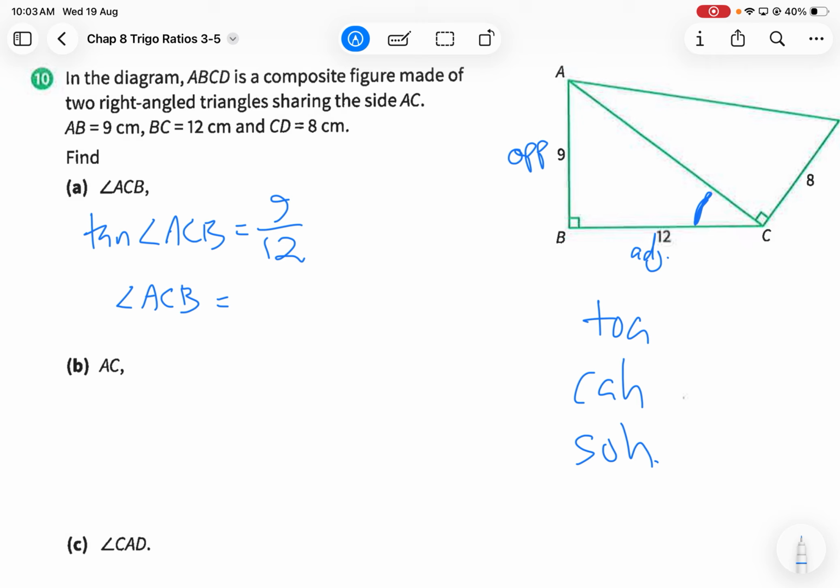When I tangent inverse the left, I have to tangent inverse the right at the same time. When I tangent inverse the right, it becomes tangent inverse of 9 over 12. In an equation, left continues to be on the left, right continues to be on the right. I tangent inverse the left, I tangent inverse the right, so that what is the same is still the same. Tangent inversing 9 over 12.